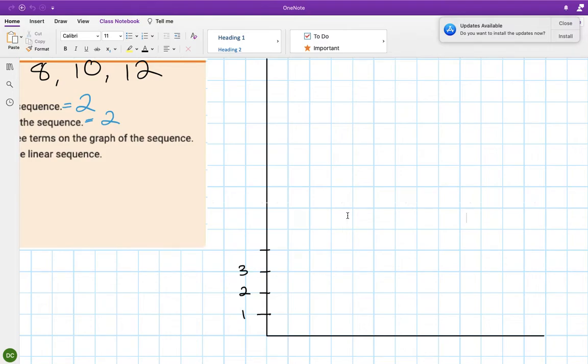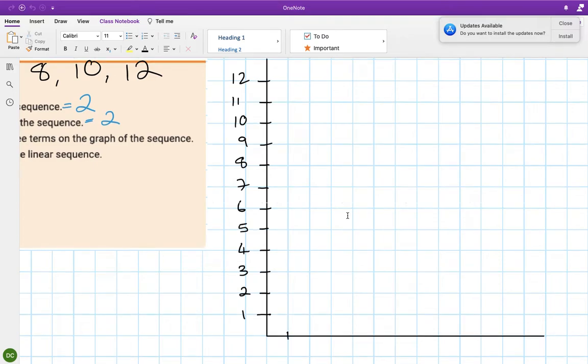So they're going up in 1s. 5, 6, 7, 8, 9, just about 10, 11, and 12. Okay? And then across the bottom, we're going 1, 2, 3, 4, 5, 6.